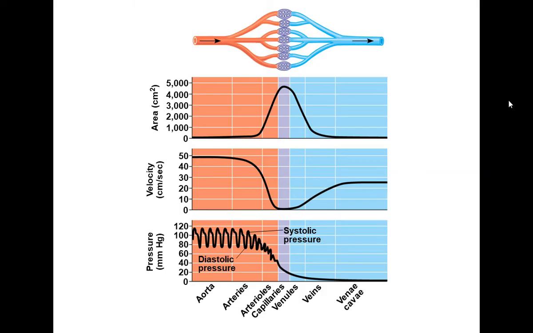Okay. So again, as you move from your arteries all the way through to your veins, you can see that the area is going to be greatest at the capillaries, and that's where the speed is going to kind of drop off.